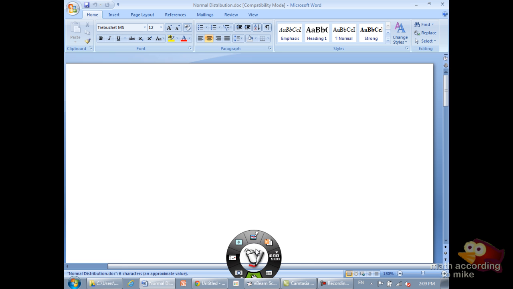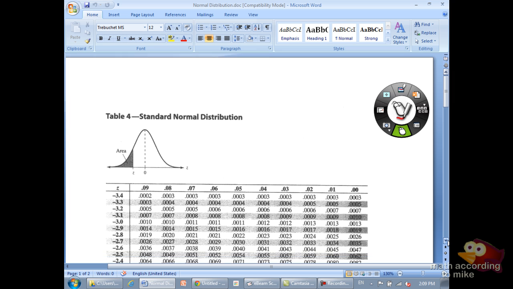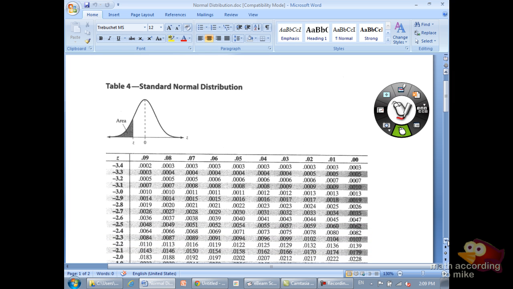Your chart is double-sided. You will notice one side has positive z-values and the other side has negative z-values. Since our z-score is negative 0.17, we want the negative side.